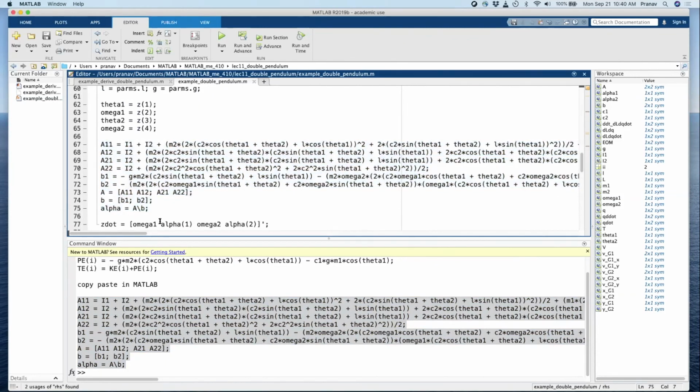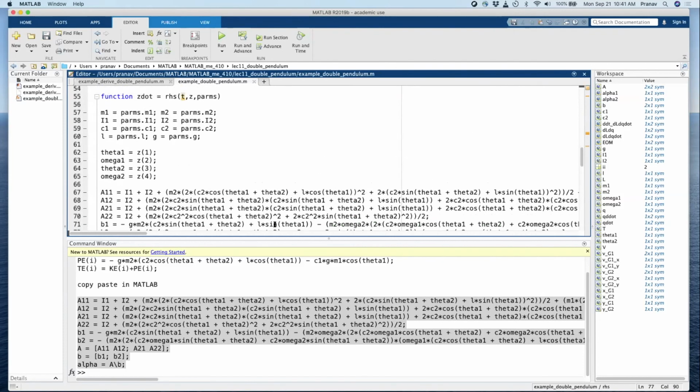The first part gives me the rate of change of omega 1 and the rate of change of omega 2. And since this has two states, I need to define the velocity and acceleration of link 1 and link 2. Okay, so let me just run this file.